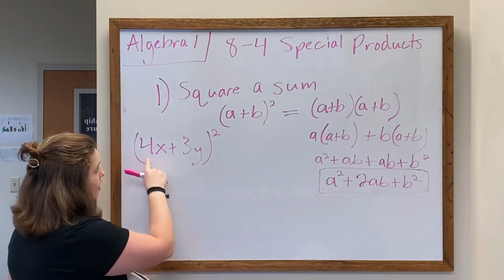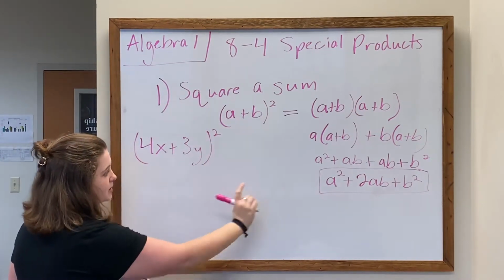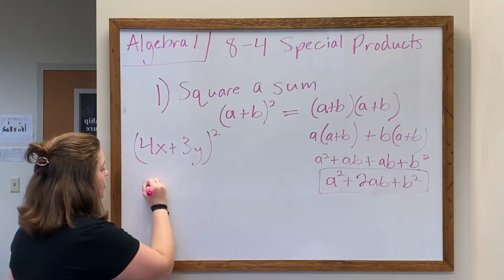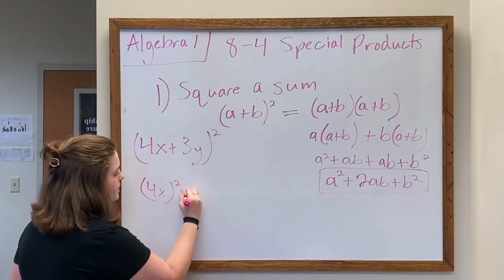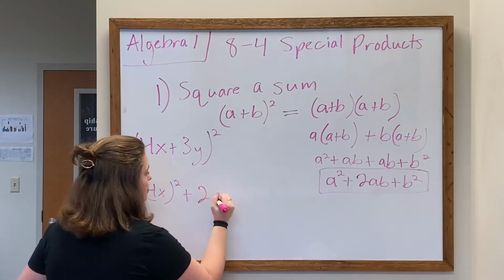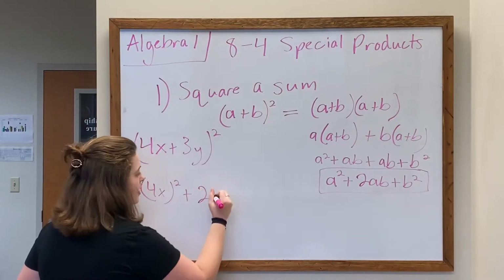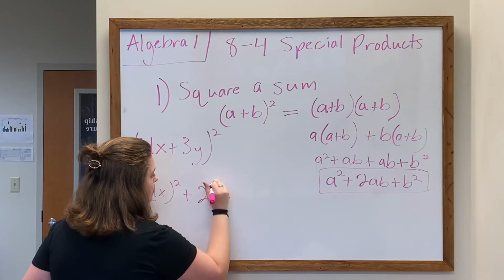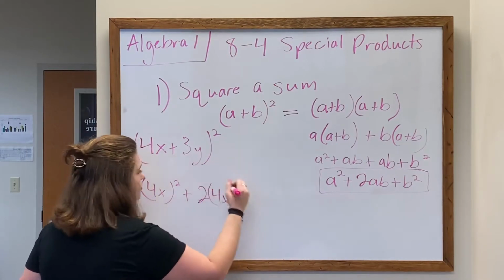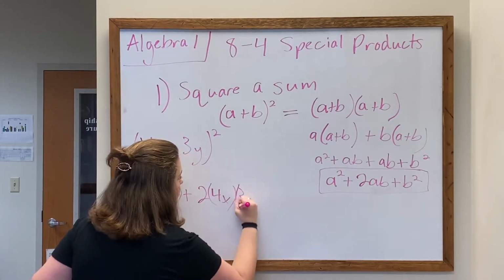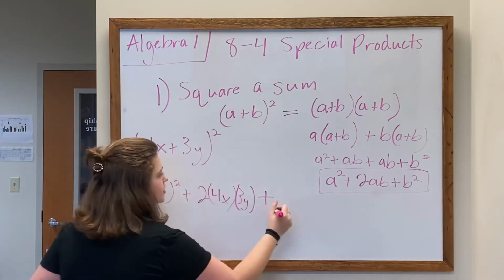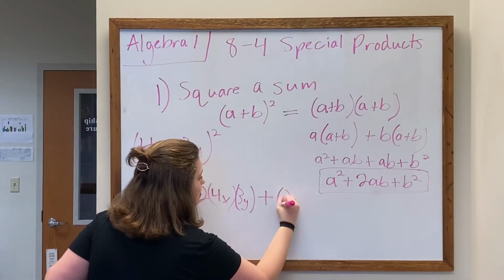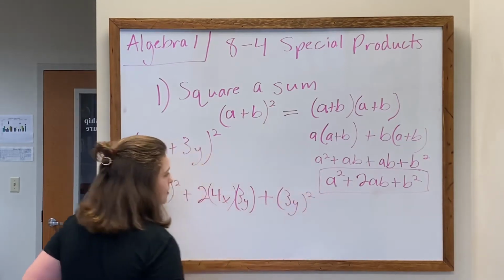So 4x is in our a spot, so I'm going to take a squared, right? (4x) squared plus 2 times a, which is 4x, times b, which is 3y, plus b, which is 3y, squared.